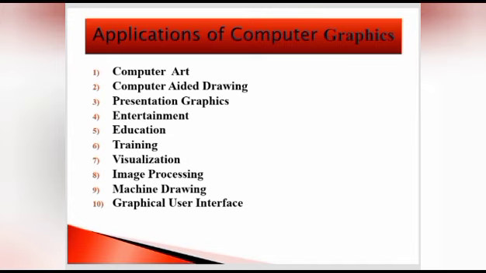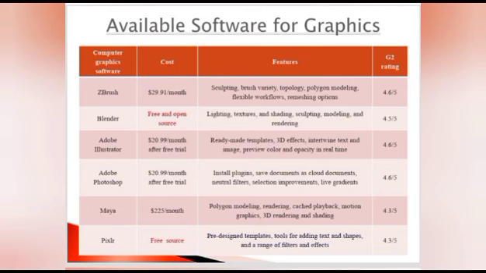Number 10, graphical user interface. It is the connection between human and a computer screen through pictures, images, icons, pop-up menus, etc. Here are some available software for graphics, in which Blender and Pixlr are free sources.